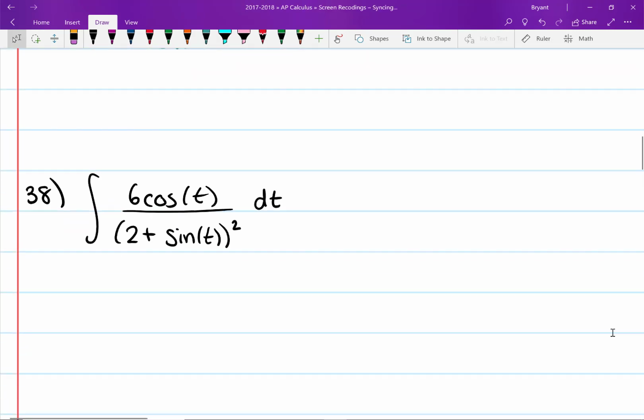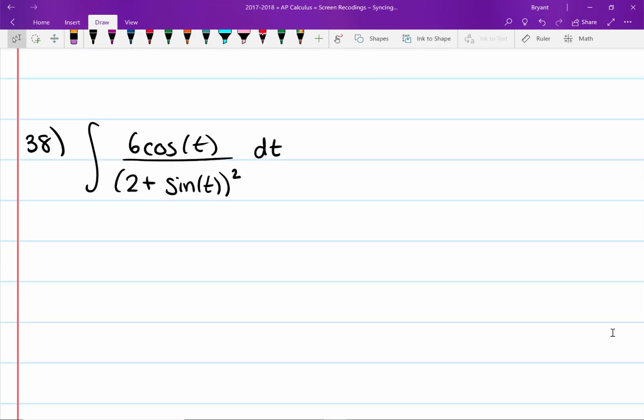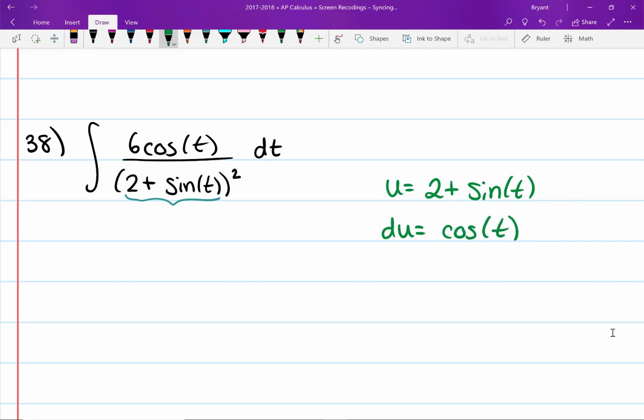Now for number 38. This is 6 cosine of t divided by 2 plus sine of t squared dt. So I'm going to let u equal all of this right here. U is equal to 2 plus sine of t. And so du is going to be the derivative of sine of t, which is cosine of t dt.